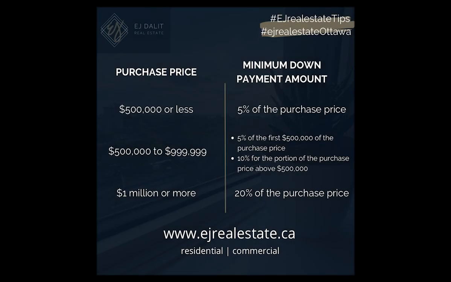In Canada, the minimum down payment for a home purchase is 5% of the first $500,000 of the purchase price, 10% on the portion of the purchase price above $500,000, and 20% for $1 million and above.